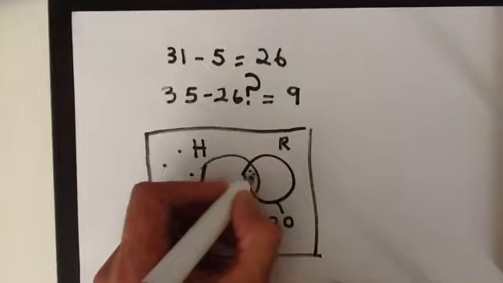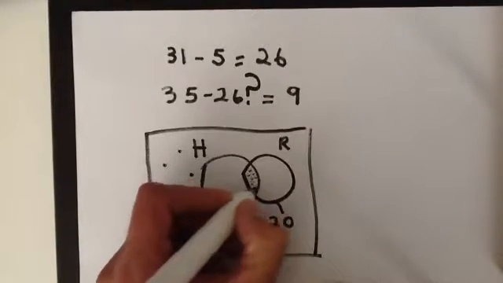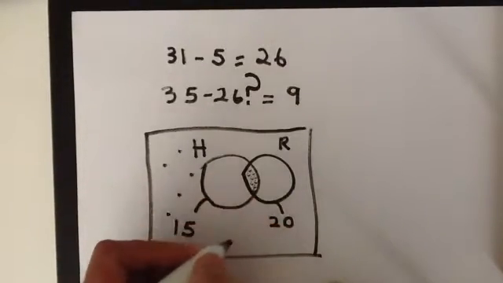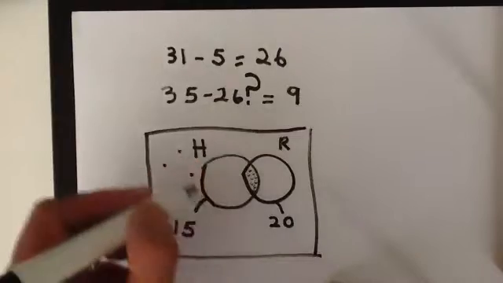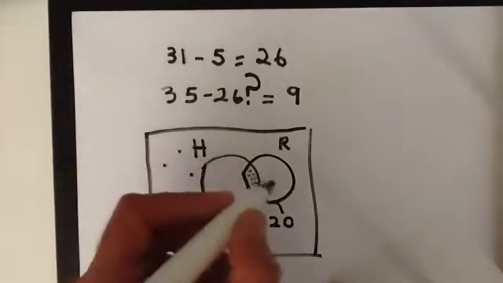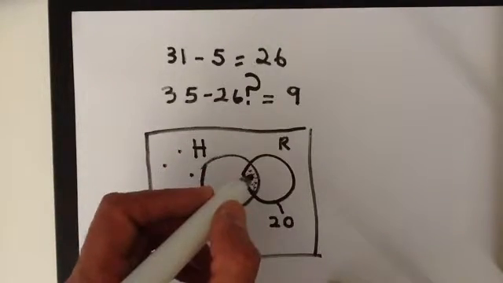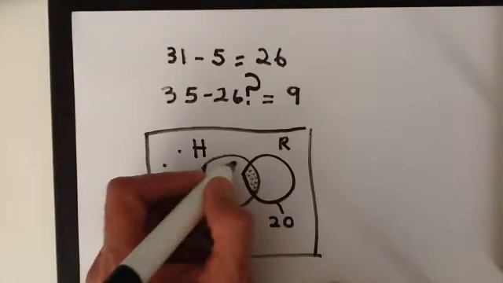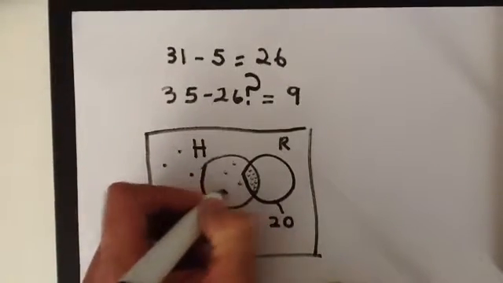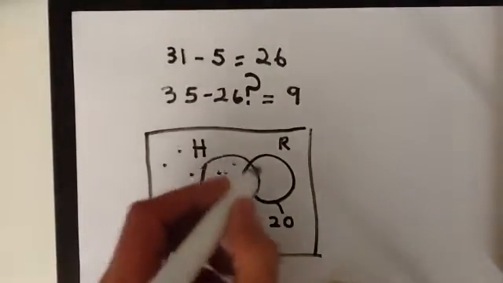1, 2, 3, 4, 5, 6, 7, 8, 9. So when I come to do my 15 hot days, I've already got 9. So I just need 6 outside here. 1, 2, 3, 4, 5, 6.